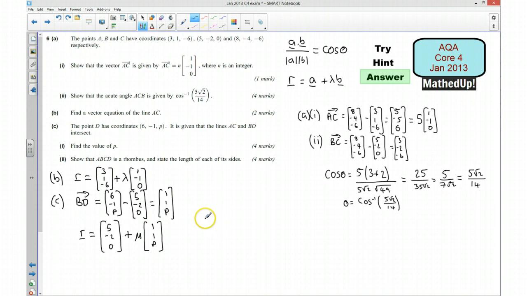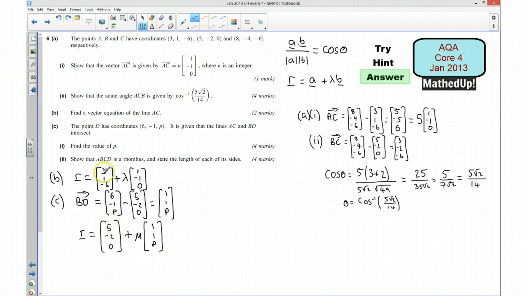Okay, right, so that's the first part of this, in terms of we now know what the equation of the line BD is. I now need to solve these simultaneously to work out what the value of p is going to be.